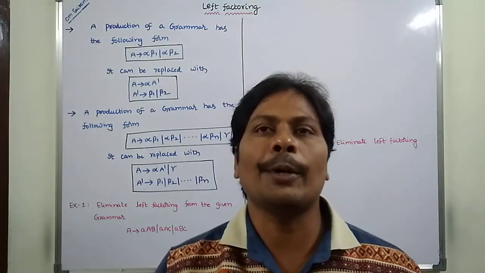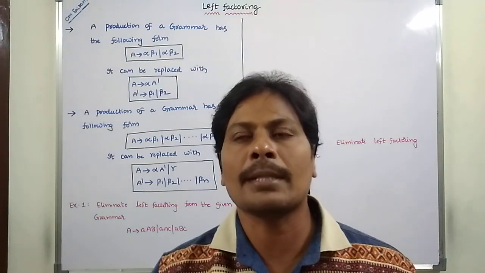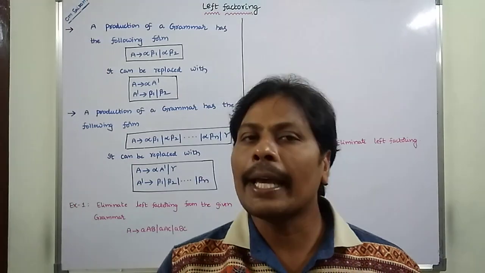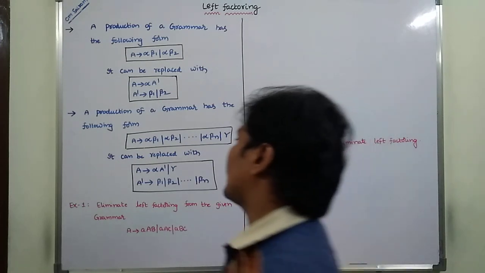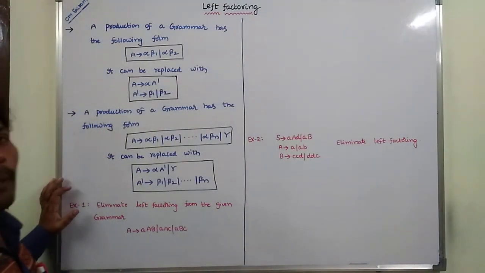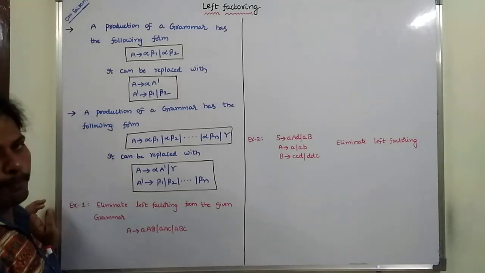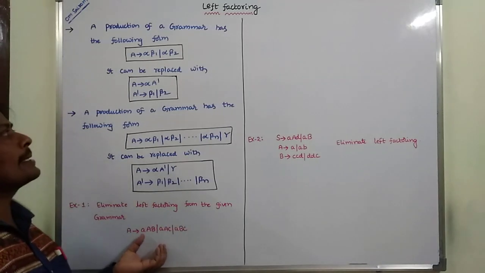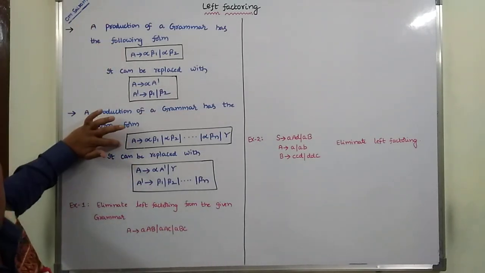Now in this video we are going to solve some example problems on how to eliminate the left factoring in a given grammar. Okay, so now consider the first example problem. This is the given grammar. First the given grammar is compared with this production or this production.